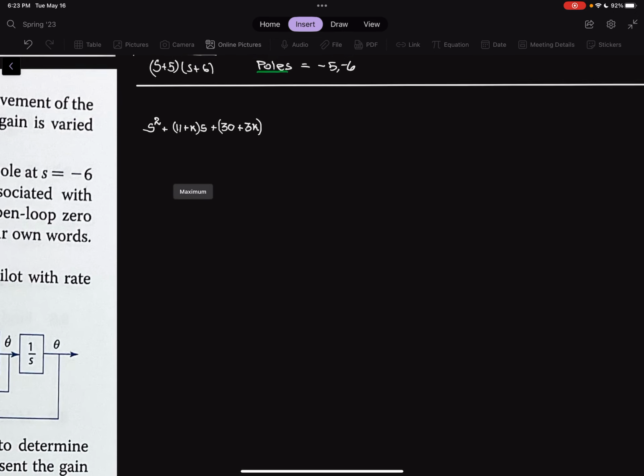So why don't we use the quadratic formula real quick so we can find the roots.